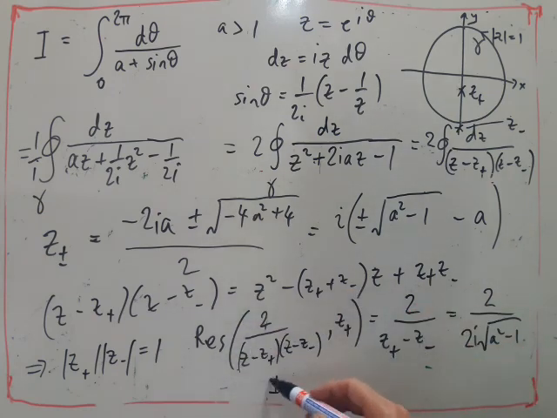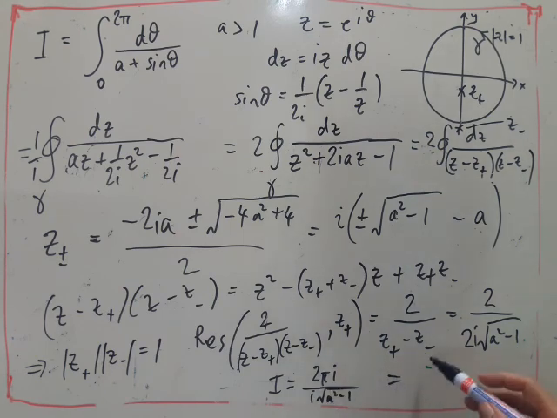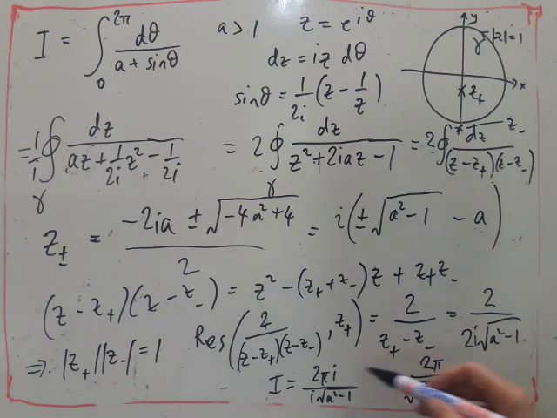So I is equal to 2 pi i divided by i over root a squared minus 1, and that's equal to 2 pi divided by root a squared minus 1. That's our final answer.